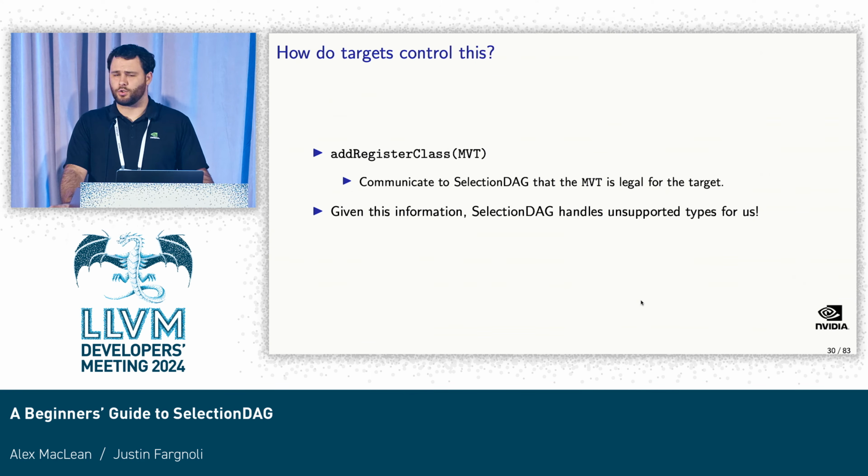So how do targets control this behavior? SelectionDAG provides the addRegisterClass function. When a target calls this function and passes a particular MVT, that communicates to SelectionDAG that that MVT is legal for the target. Interestingly, given just the set of legal types, SelectionDAG can legalize all the unsupported types for us.